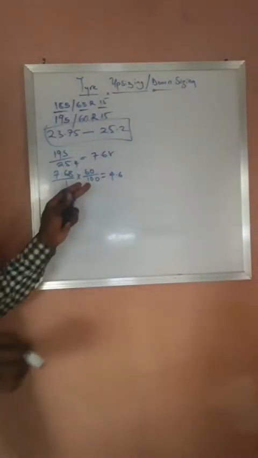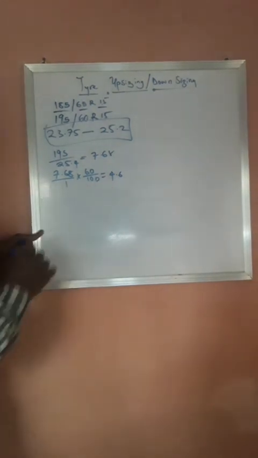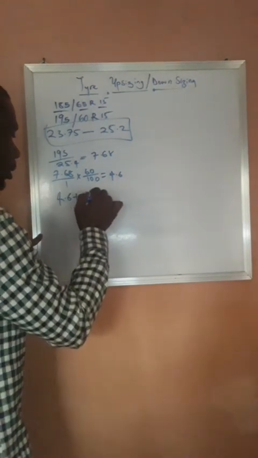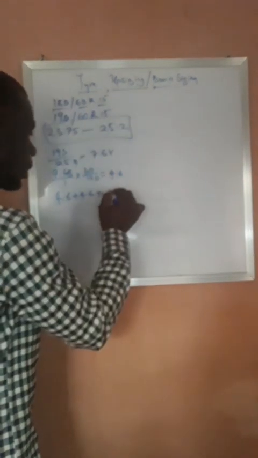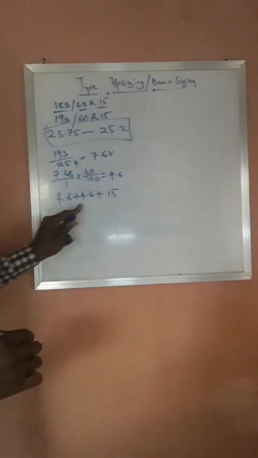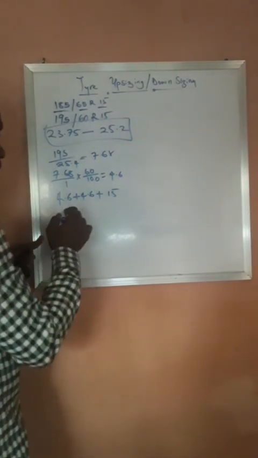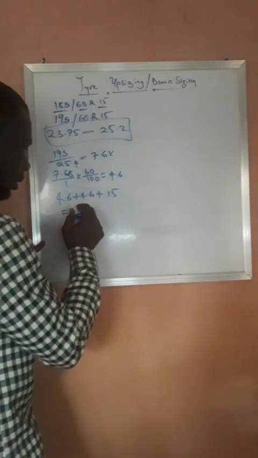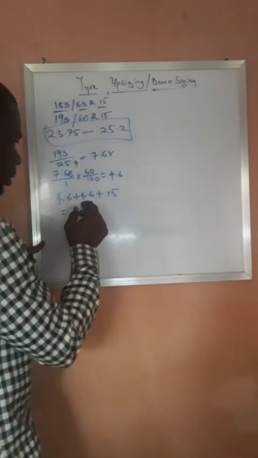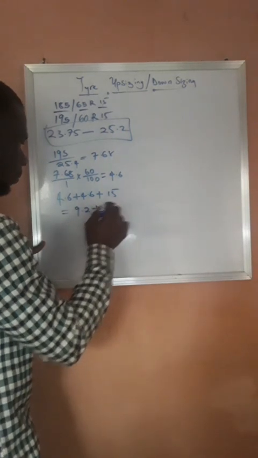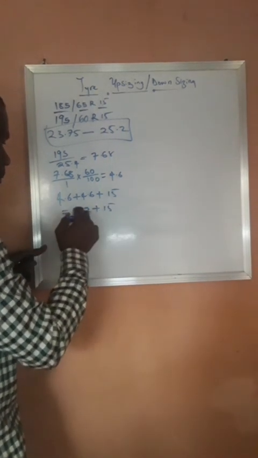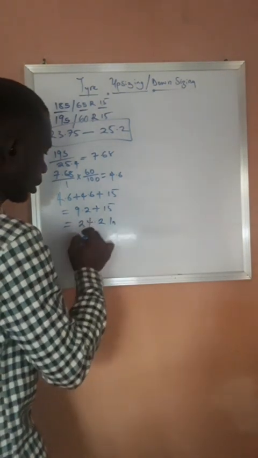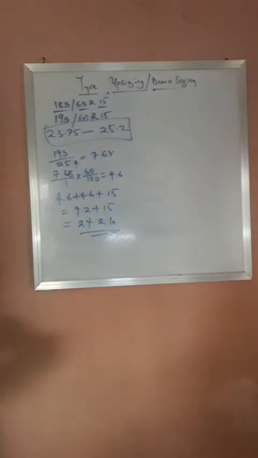Now we have 4.6 as the side wall height. So we have 4.6 plus 4.6 plus 15. 4.6 plus 4.6 is 9.2, plus 15, and this is going to be 24.2, all in inches.